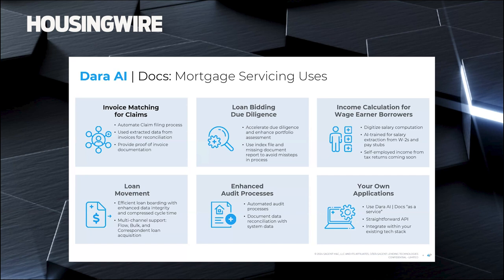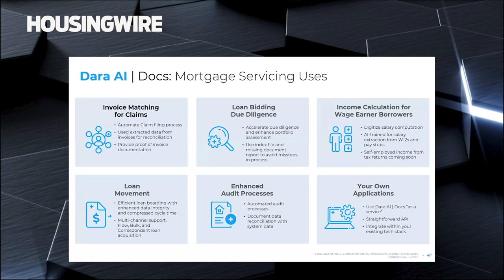Using Dara AI Docs, we can pull that right up to the beginning of the process. We can classify and extract data directly from those documents and then tell the borrower, hey, that pay stub is too old. The bank statement, right? We need the most current one. Maybe we need it within the next 30 days, et cetera. So using Dara AI Docs, we're able to address all these use cases.